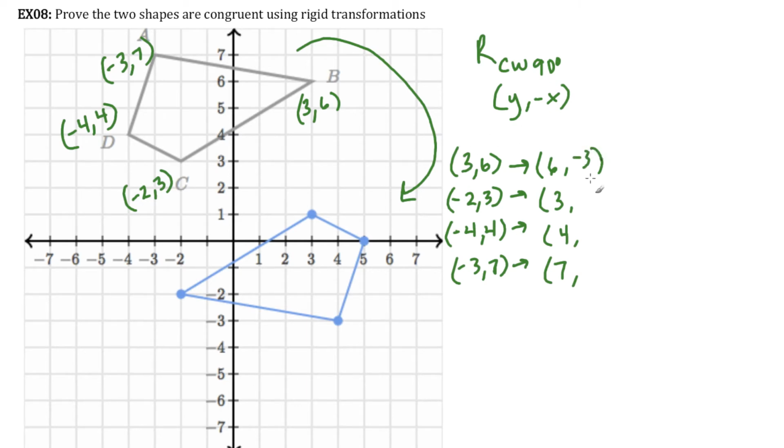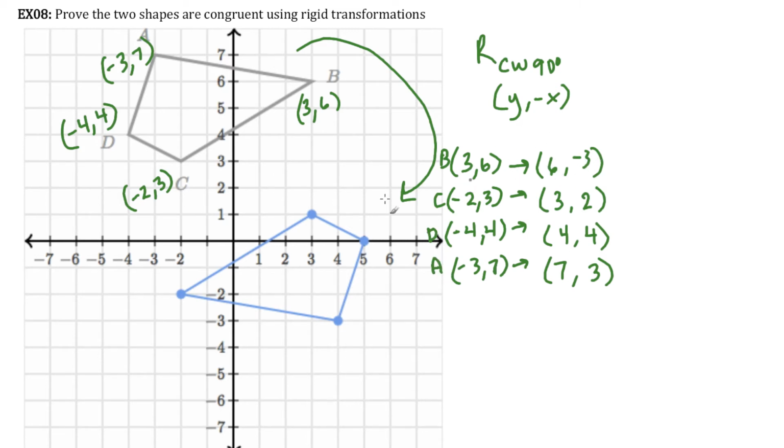So negative 3, positive 2, positive 4, positive 3. Okay, so let's try to graph these. Actually, I'm going to label these. I did B, and then C, then D, then A. B, C, D, and then A.